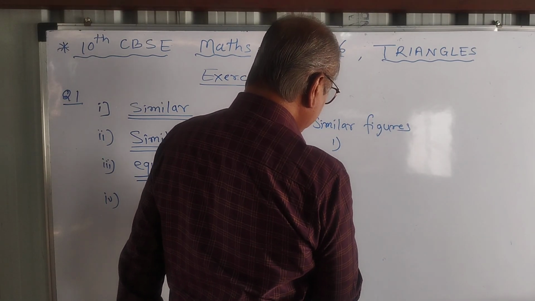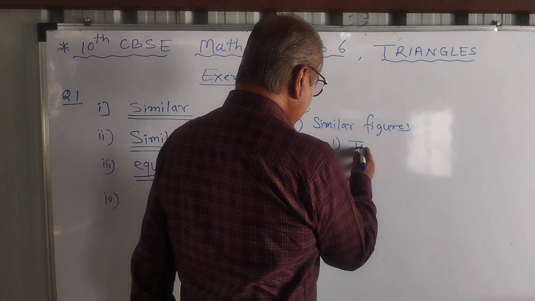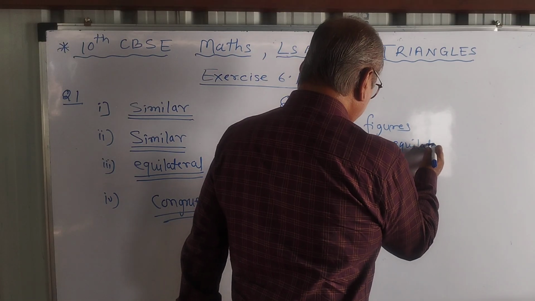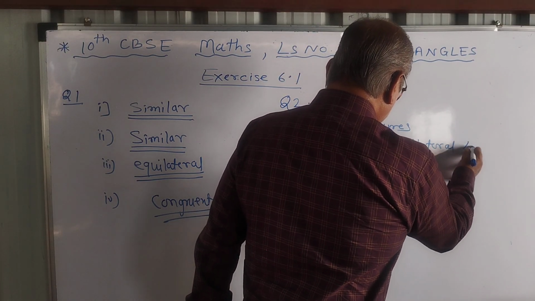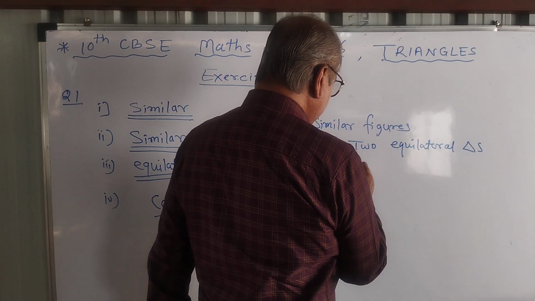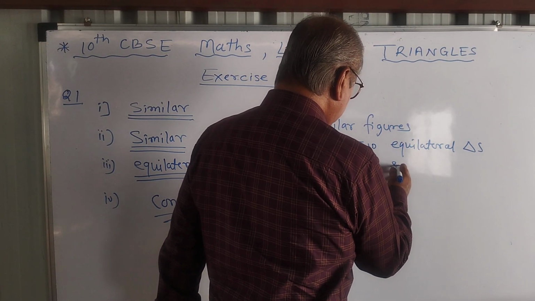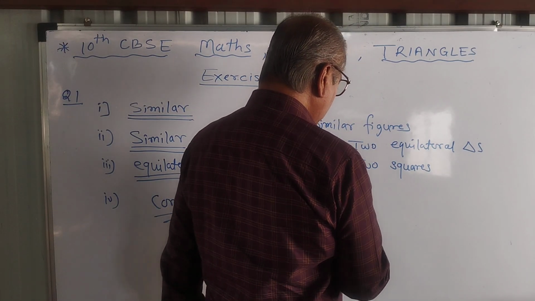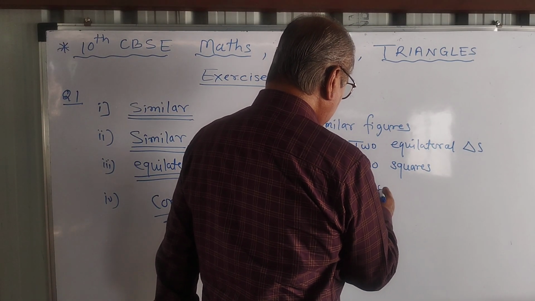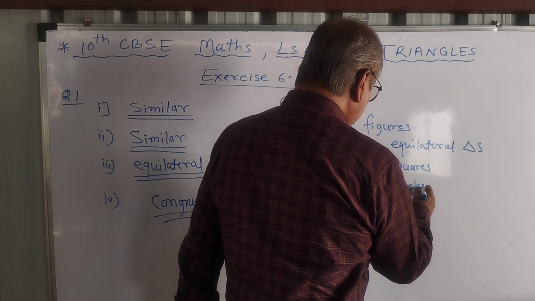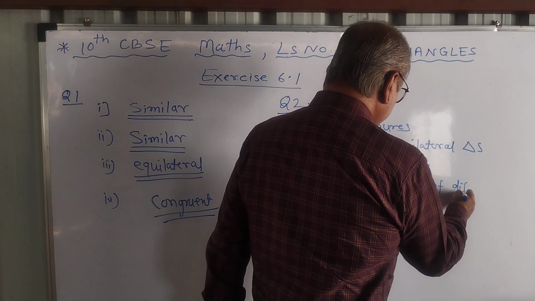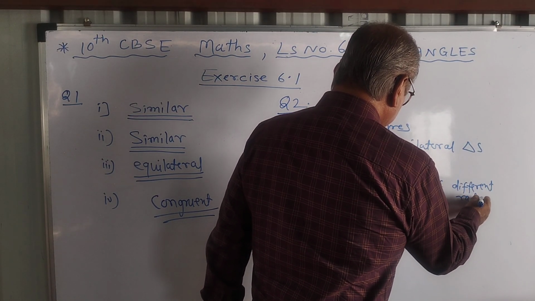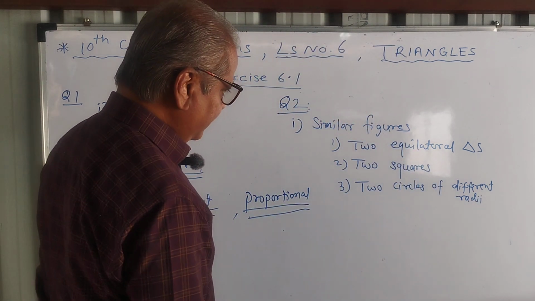So you can say two equilateral triangles, similar figures, you can say two squares. Now one more, two circles of different radii. So these are the examples of similar figures.